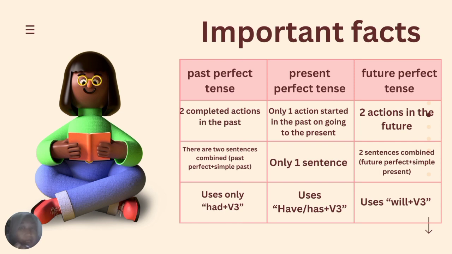And simple present, do you still remember? Simple present uses verb one. Yes, that's correct. And the last important fact about future perfect tense is it uses will plus verb 3 or past participle. Okay, those are the important facts about past perfect tense, present perfect tense, and future perfect tense.